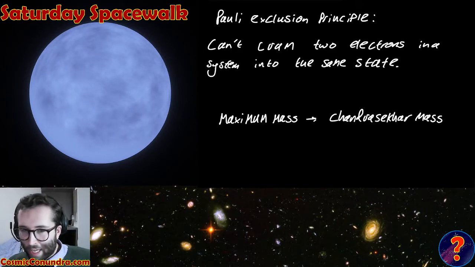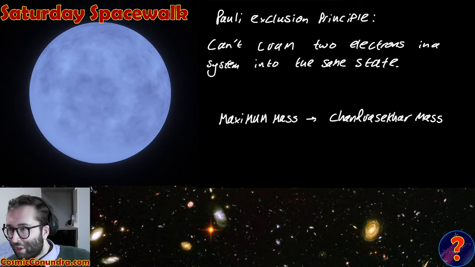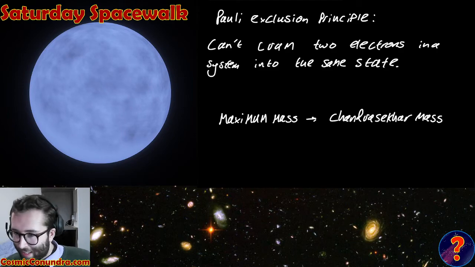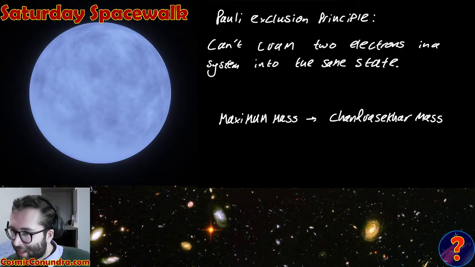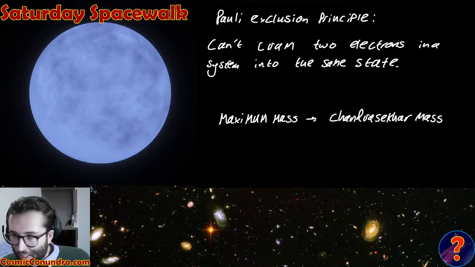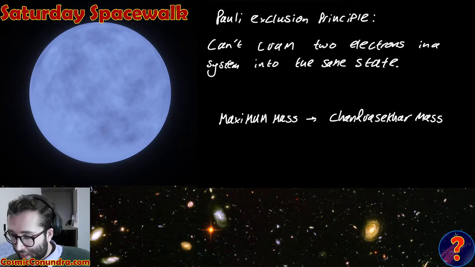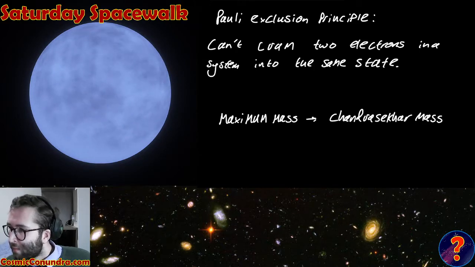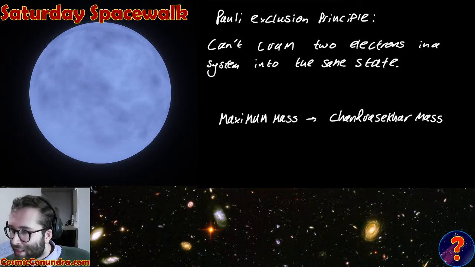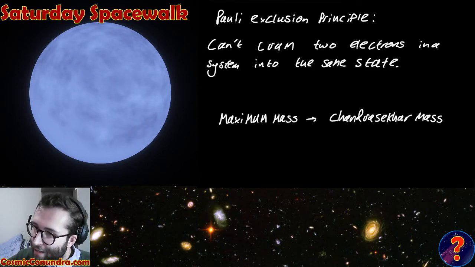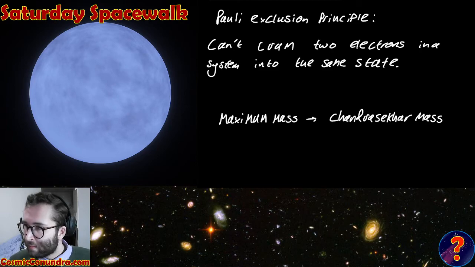But the equations we'll get in the end will need some numerical solving, so we won't be able to just rearrange and do things nicely on paper. So we'll write a tiny bit of code that will solve these equations for us and give us a good estimate for this upper bound on the mass, this Chandrasekhar mass. And in the end, we should get a pretty good estimate. The estimate I found earlier was actually pretty accurate, so I was quite happy with it.